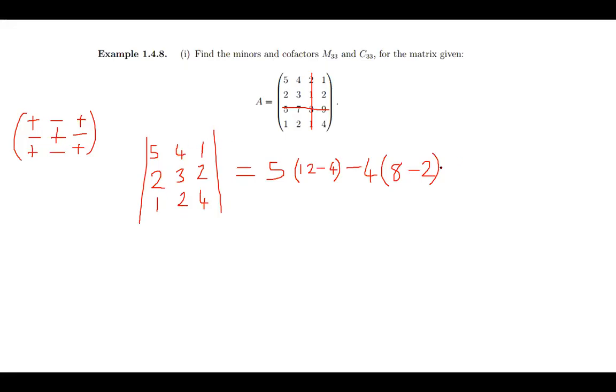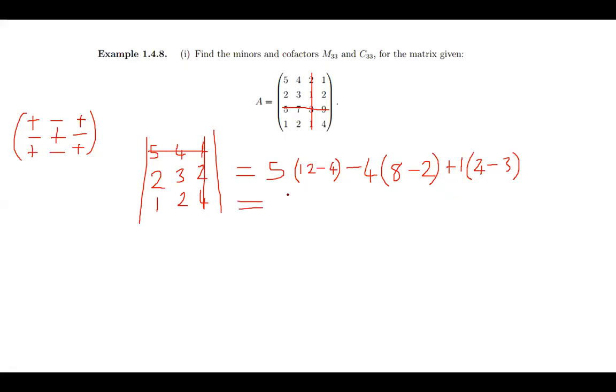So this one there is a positive. When you look at the cofactor signs here, the sign of this is a positive. So this is the positive that I write there. Then I'll put 1 there, open brackets. So I'll cancel this one and that column. The remaining numbers are the ones that I'll use to find the determinant. So 2 times 2 there, I'm going to get 4. And then minus 1 times 3, I'm going to get 3.